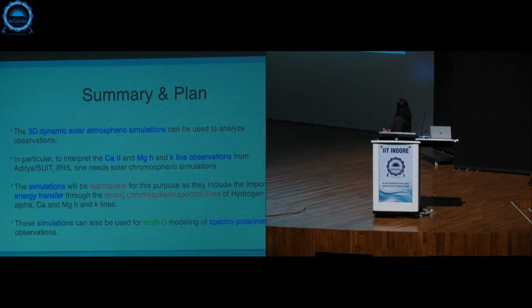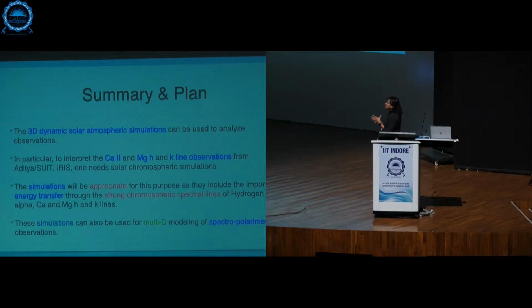We can also apply it to understand observations from Aditya, IRIS, etc. And also to understand the strong chromospheric H alpha line, such as the movie that I showed first, and such time variation in the H alpha observations can be very interesting.